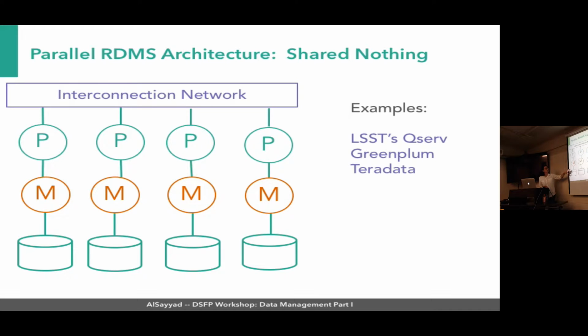Every node has a separate disk and is responsible for a separate piece of your data. This is especially powerful because you can get more processors for a cheaper cost. Some examples in the wild are Greenplum and Teradata, and this is also the architecture that LSST's Qserv database is going to use, which I'll talk about in more detail.